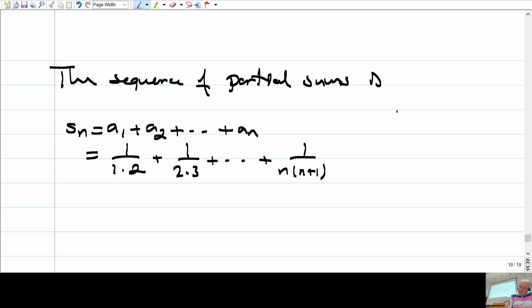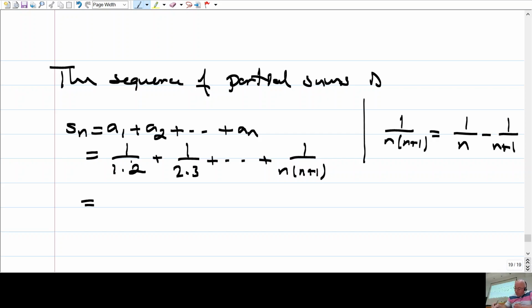Note that 1 over n times n plus 1 can be written like this. This is just 1 over n minus 1 over n plus 1, right? 1 over n times n plus 1 is the difference of 1 over n and 1 over n plus 1, sorry.